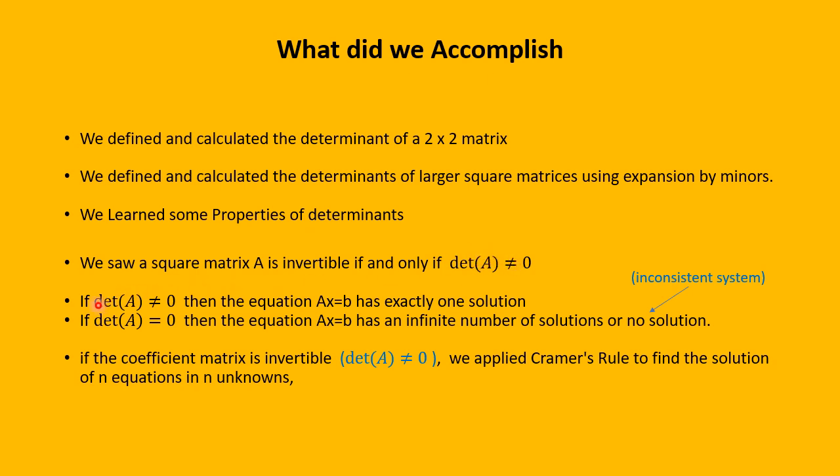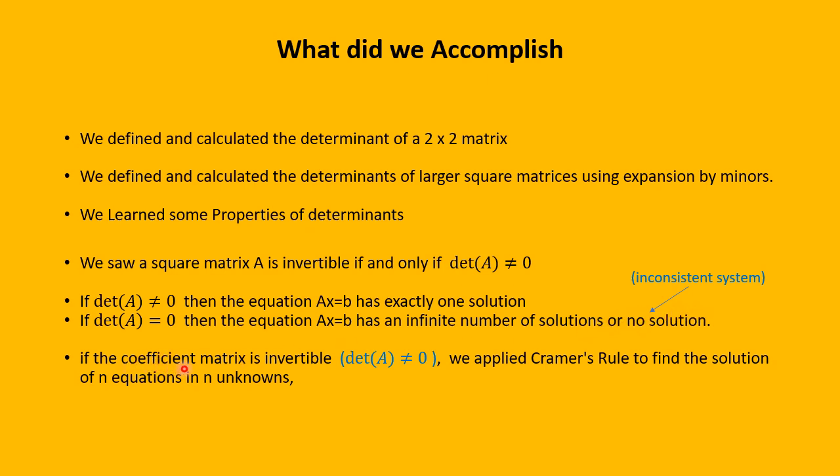And we saw that if the determinant of A is not 0, then the equation AX equals B has exactly one solution. And if the determinant of A equals 0, then the equation AX equals B has an infinite number of solutions or no solution at all.